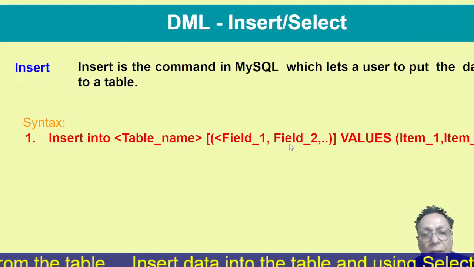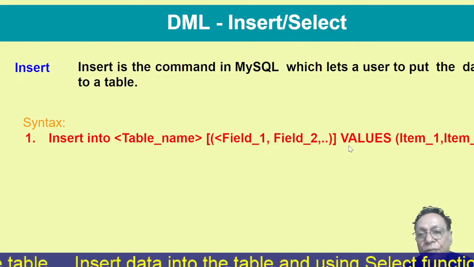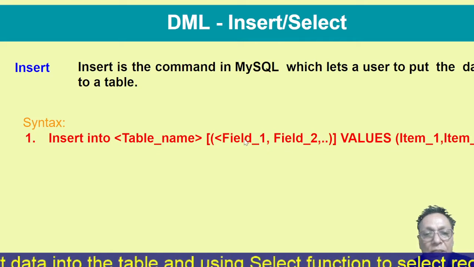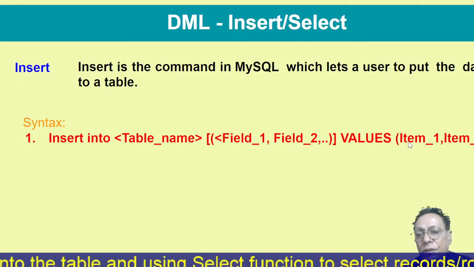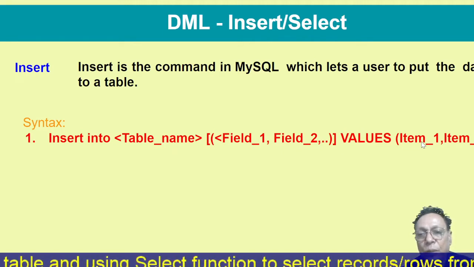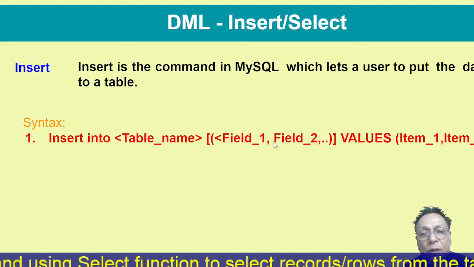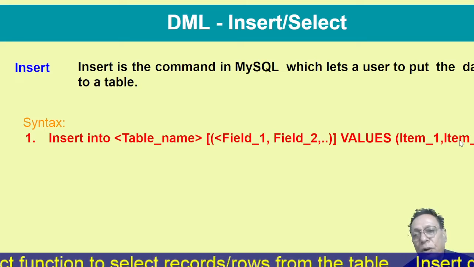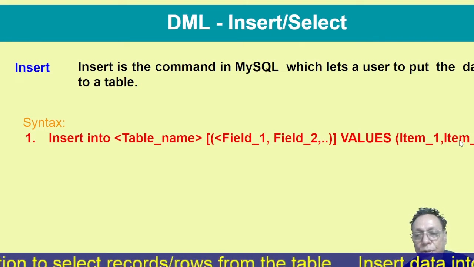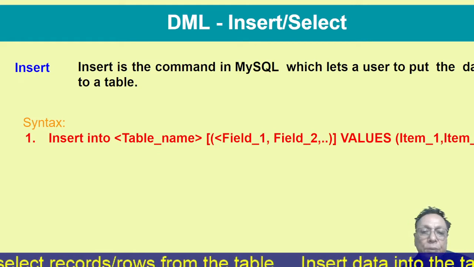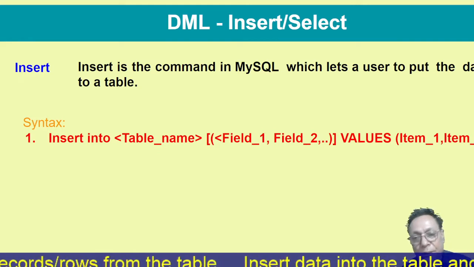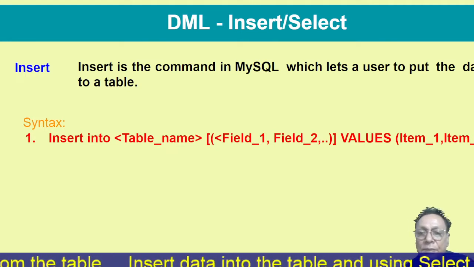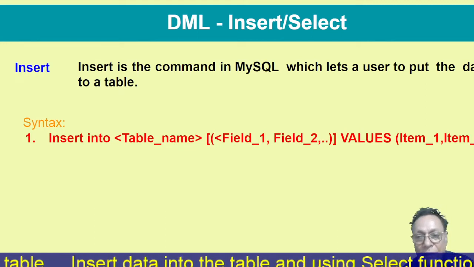If you want to give it, you can give it, otherwise you can leave it. But if you use it, then you will have to mention the values corresponding to these fields. Item 1 corresponds to field 1, comma, field 2, and item 2 is the value which corresponds to field 2. So it depends on whether you are using a field list or not. If you are using it, then you will have to mention the data items in corresponding sequence.